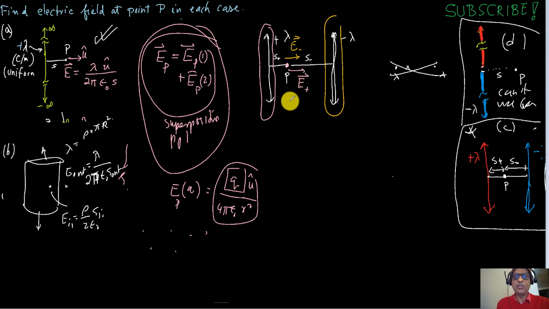So let's call this u hat this direction. Maybe this is the x axis or something, so u hat will be i hat.